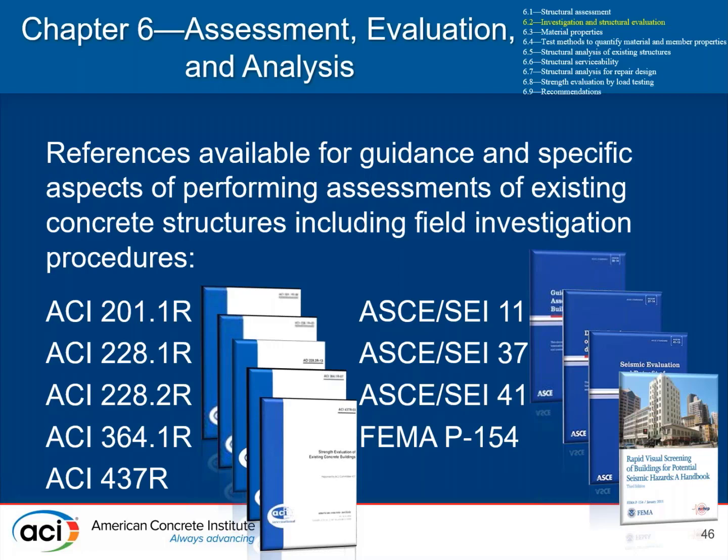So there's a variety of different ACI documents. There are also other documents such as from ASCE and FEMA, and these are listed here, and these are obviously available in your presentation download that you can look at and reference, as they provide some assistance in performing specific parts of assessments for existing structures.